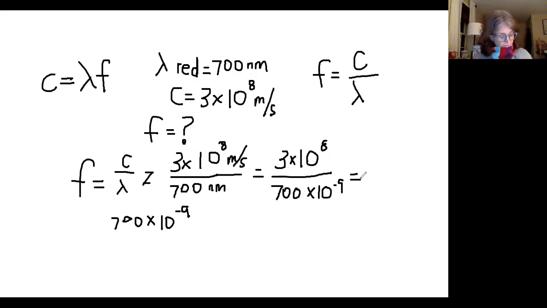So if we use our calculator and we do this problem, we do 3 times 10 to the 8th divided by 700 times 10 to the minus 9.